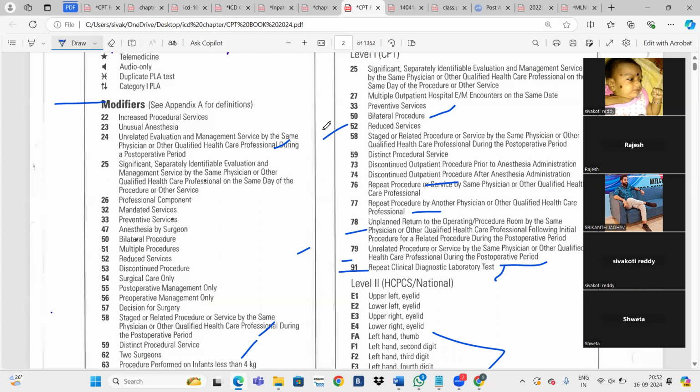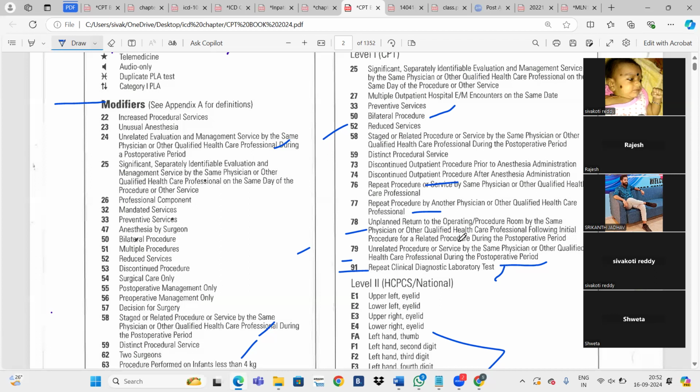But the procedure was made, the workup done was major on the surgery side. It was complicated. They done some extra workup on that side. If swelling, pain, suture removal, but they done some additional workup, some major things on the procedure side. Then they need to get payment. For that time, you need to add this 78. Remember, unplanned return to the operating or procedure room by same physician or other qualified healthcare professional following initial procedure for a related procedure.